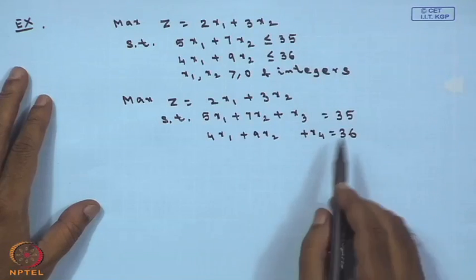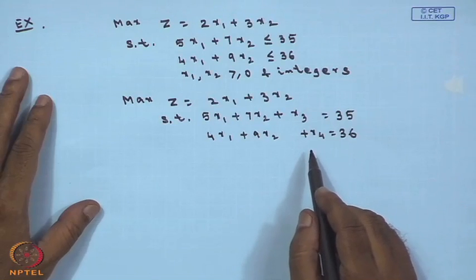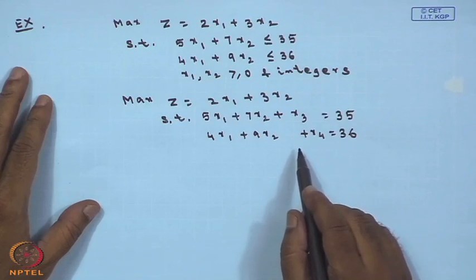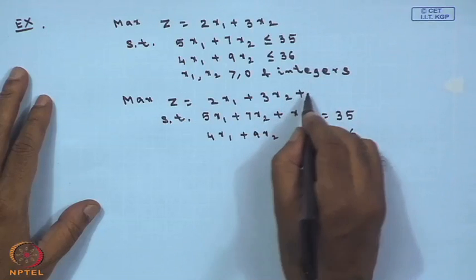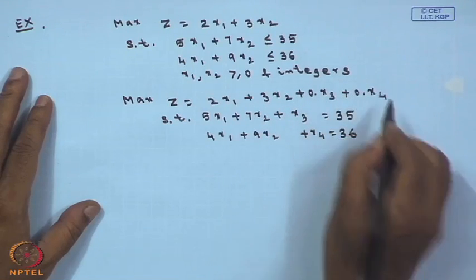Obviously, x1, x2, x3, x4 are greater than or equal to 0, and x1, x2 are integers.